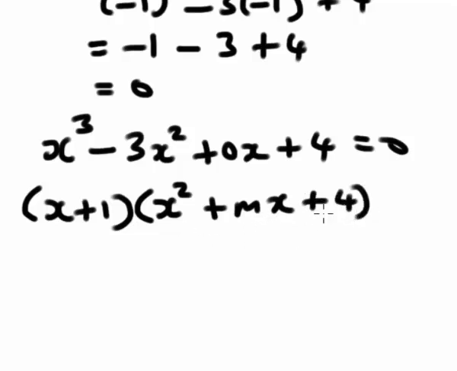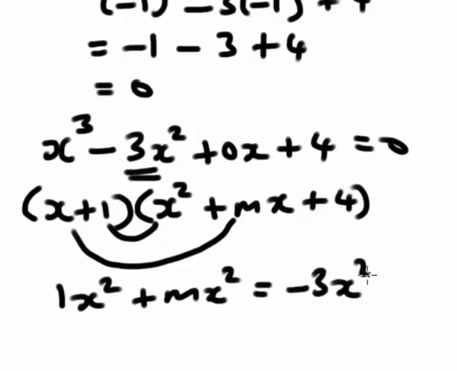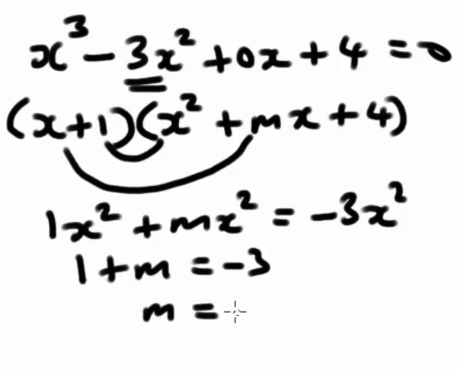So that gives us the last term, and we do the smiley face to connect the x squared terms. So 1x squared plus mx squared is equal to negative 3x squared. We connect the x squared terms, drop the x squareds now, and what do we have? m being equal to negative 4.